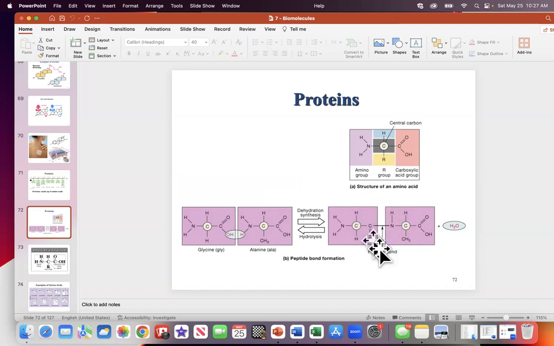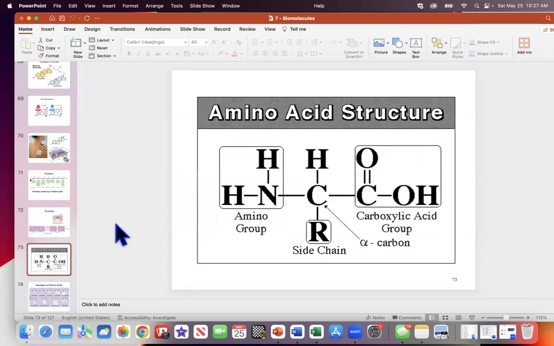It's a very unique bond. A peptide bond only exists in proteins, in the amino acid sequence. It does not exist in other biomolecules.